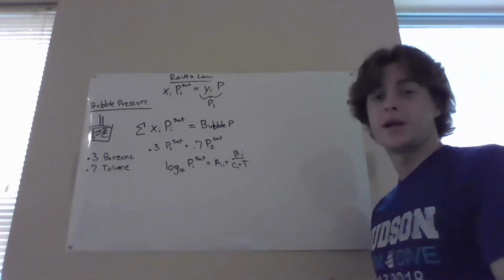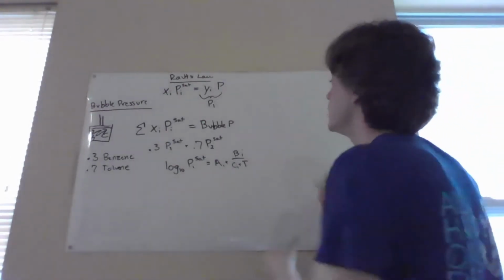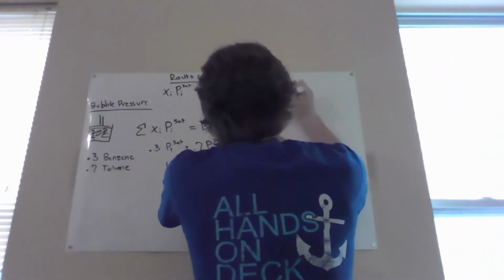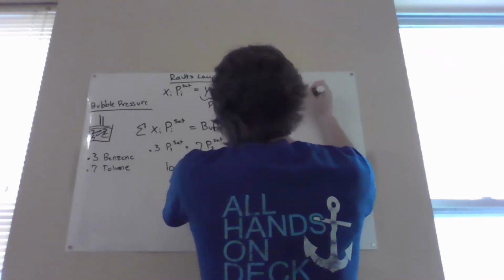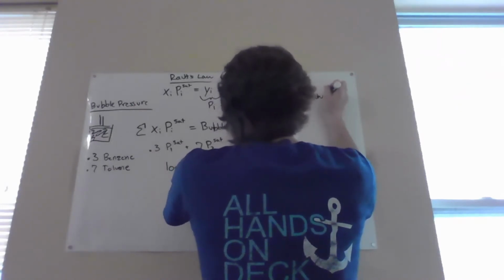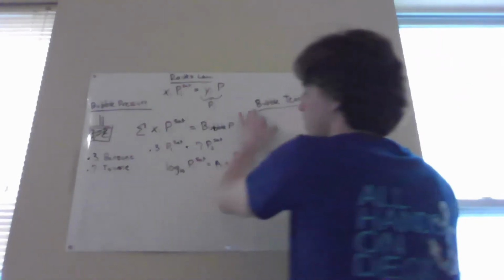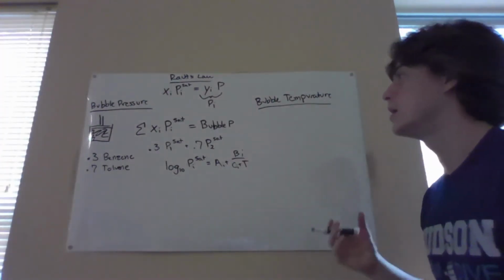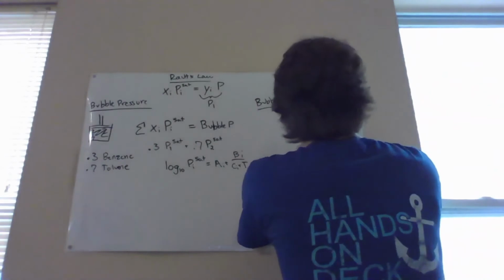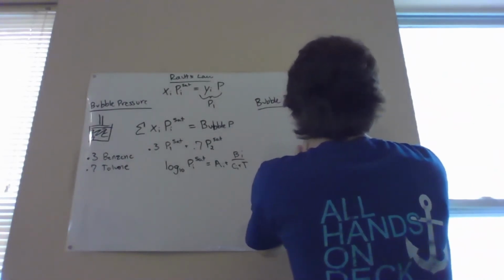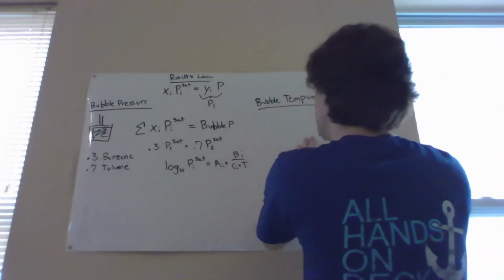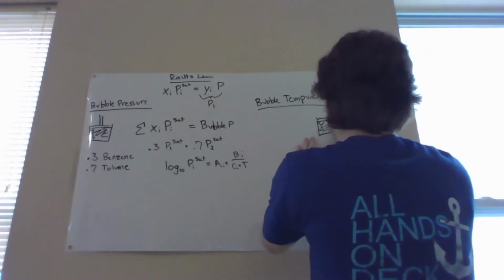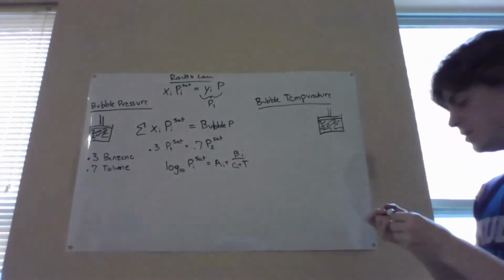Now I'm going to be looking at bubble temperature, and in this case, we again have a container, but it's under constant pressure, and we need to find the temperature at which the first drop, or the first bubble of vapor will form.